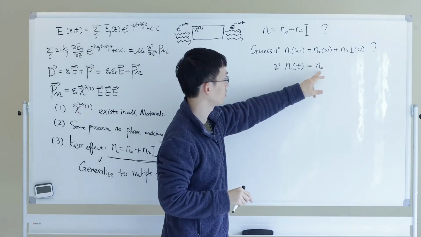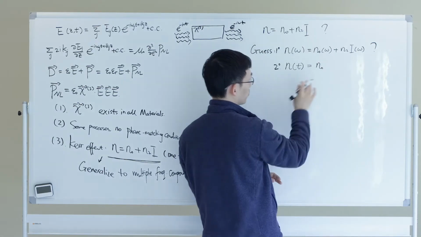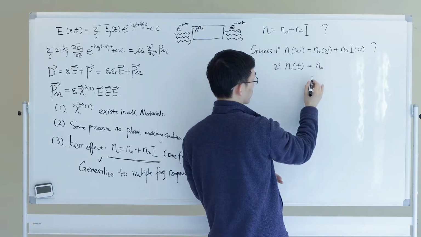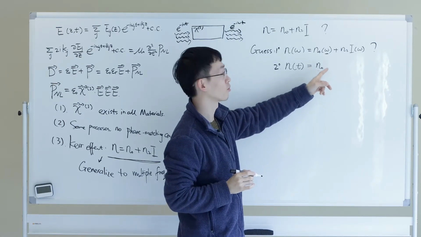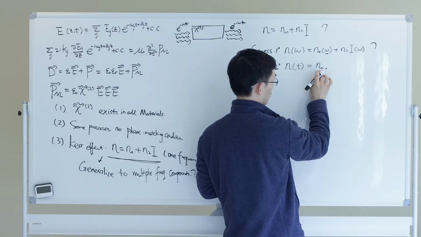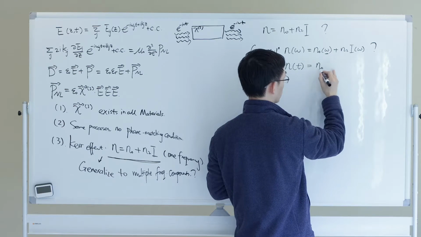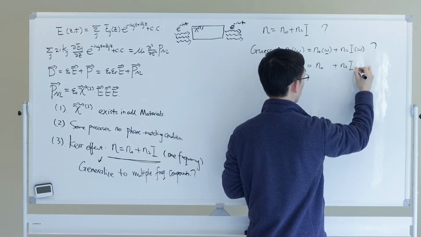So here we don't put time. But then the question would be, if you look at why there's a frequency here, why not here? So the problem is, what's the definition of n naught if we don't add the time here? Which frequency are we referring to? Let's leave this open here, plus n2 I of t.